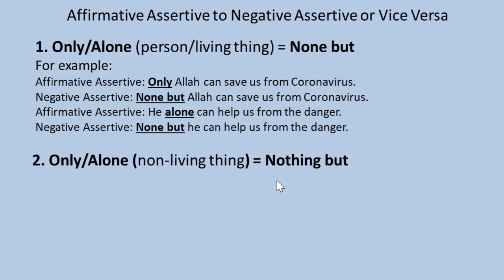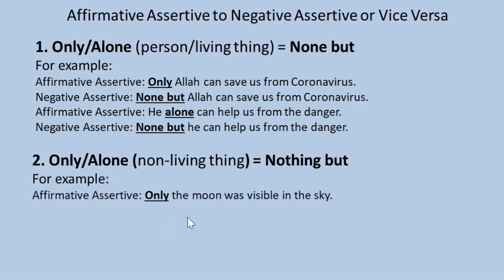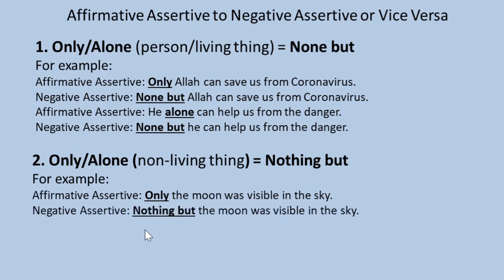Or we can use nothing, only or alone instead of nothing but if you want to make it affirmative. For example, affirmative assertive: only the moon was visible in the sky. Negative assertive: nothing but the moon was visible in the sky.